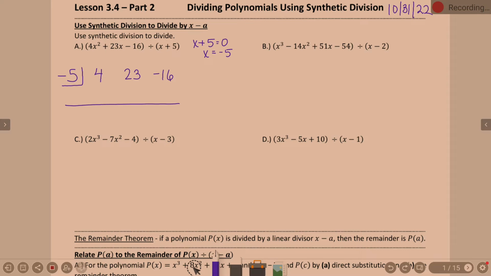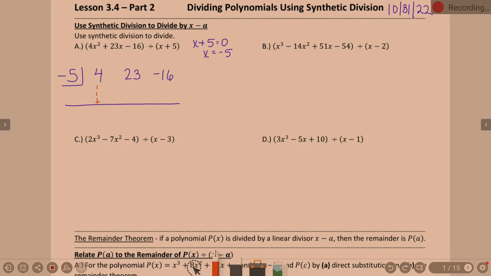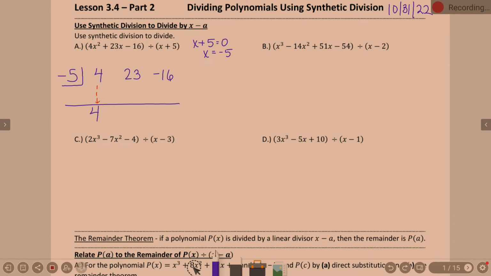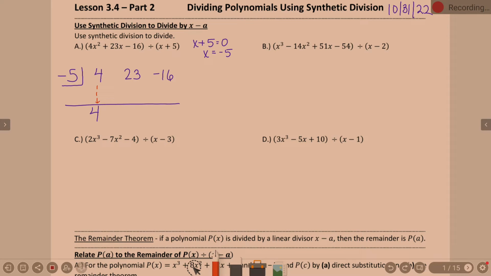Okay. First step is we're going to carry that 4 down to our answer. So I'm going to take this 4 right here, and I'm just going to carry it down, and it goes below the line, which is where my answer is going to be. From there, your next step is a multiplication step.